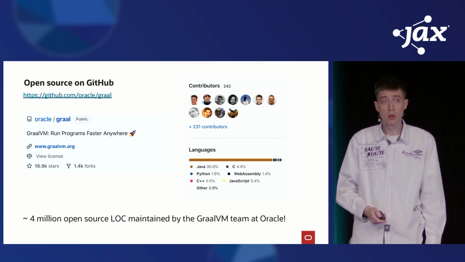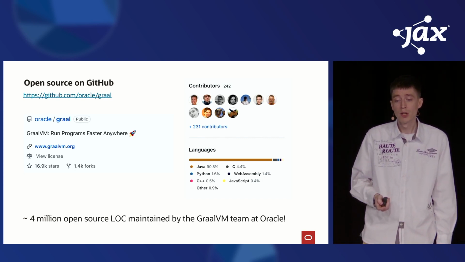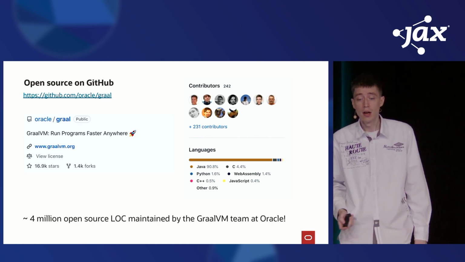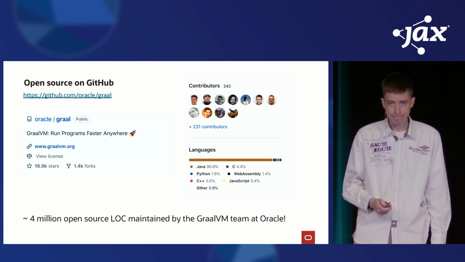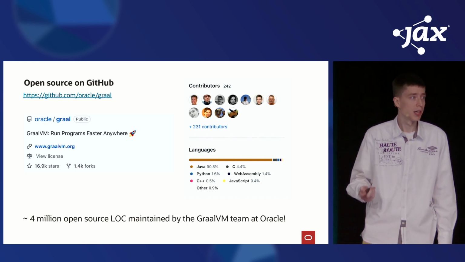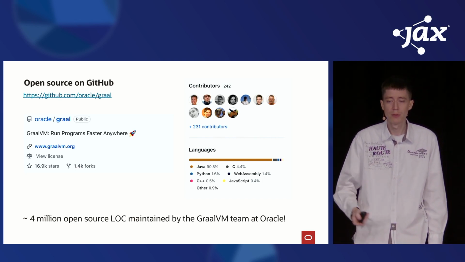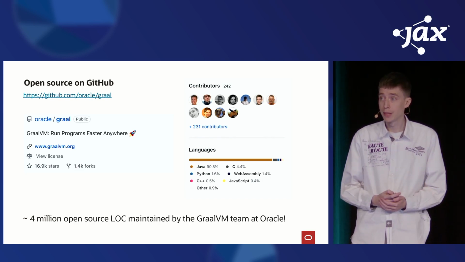So this is the GraalVM team at Oracle maintaining these amounts of open source. You're welcome to join the community, look at our Slack channel, look at our GitHub projects, and also report bugs there on GitHub. We hope to be very responsive to anybody who is giving us feedback there.